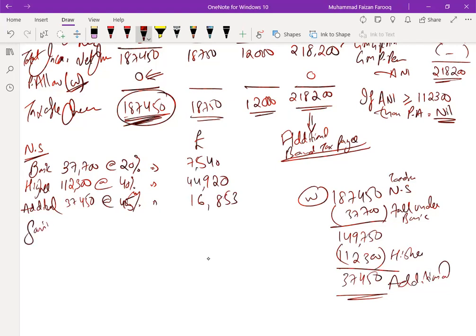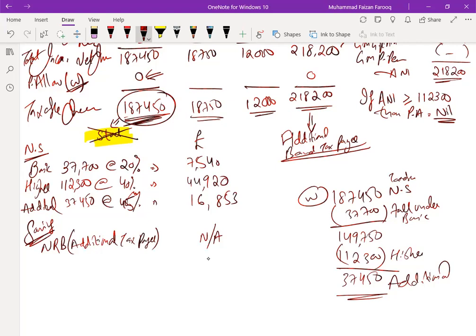Then we have savings income. We can write here, starting rate band will not come. Why? Because non-savings income is greater than 5,000. Nil rate band will not apply. Why? Because this person is an additional band taxpayer, and for savings, for an additional band taxpayer, nil rate band will not apply. Right or wrong?